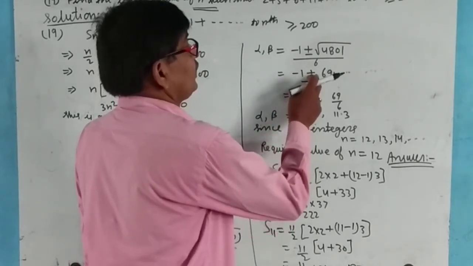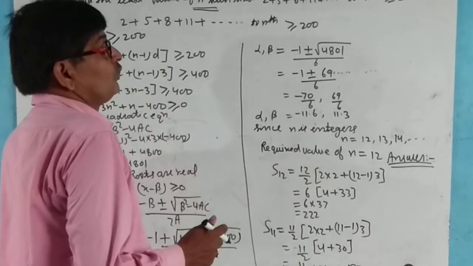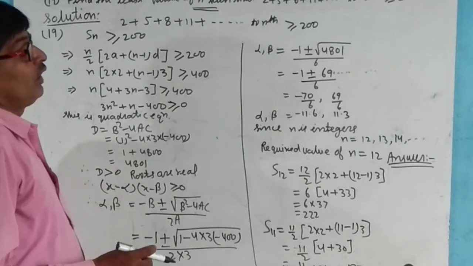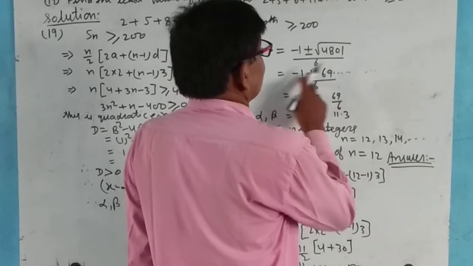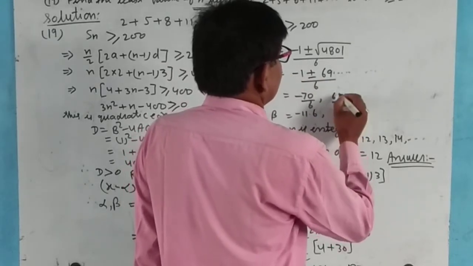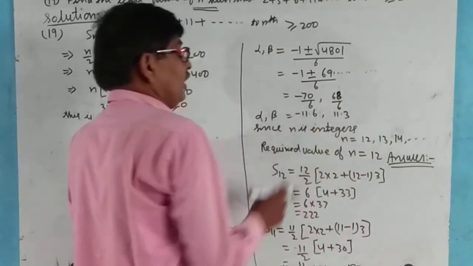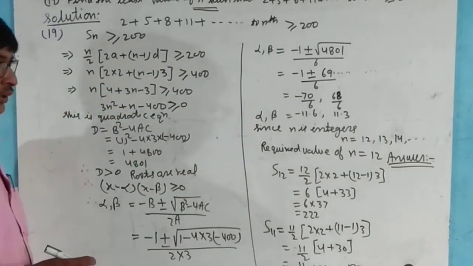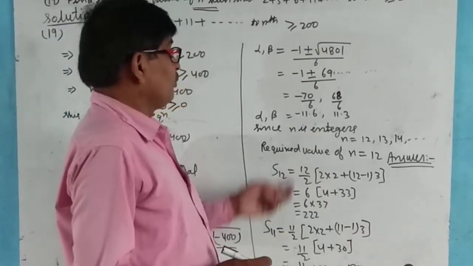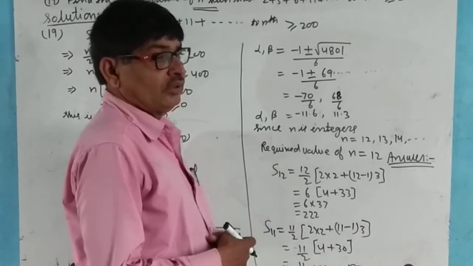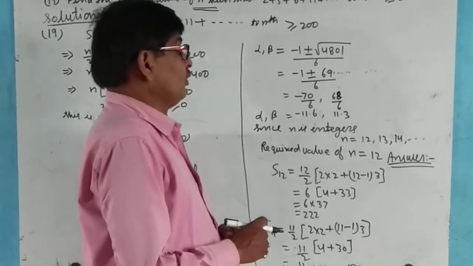If you take the positive, this is 68 by 6, which is about 11.6 positive, and the other is negative. As you know that the value of n is an integer, that is the number of terms, so this comes here.